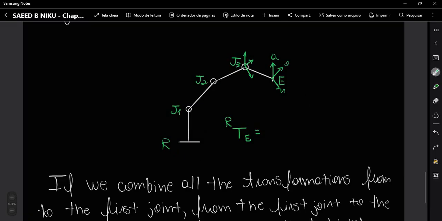This one is fixed, the reference frame that we call XYZ, and this one is fixed, and these ones, they are movable.